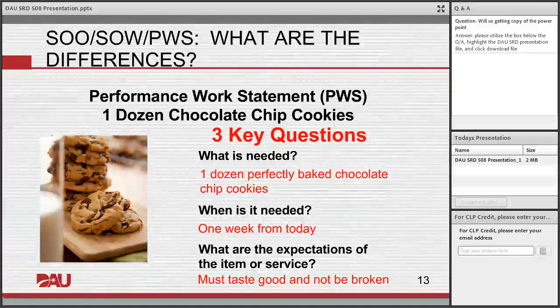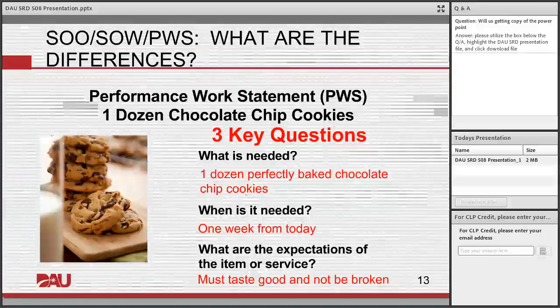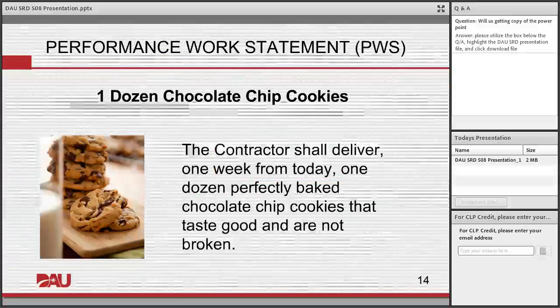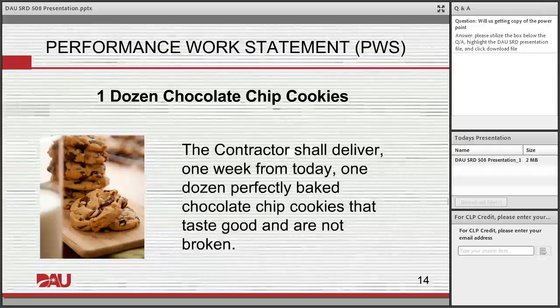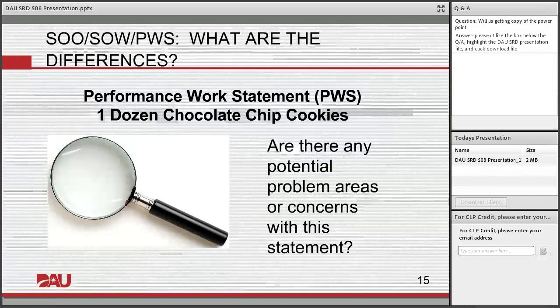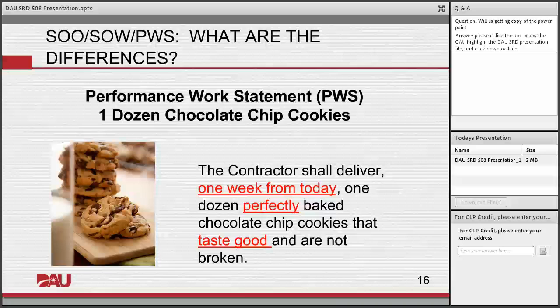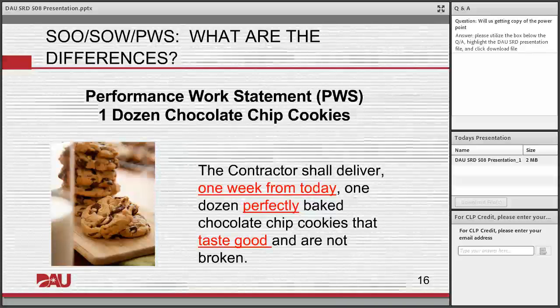So with that PWS, we've identified what our requirement is, but it's still not as clear as it can be. So the PWS reads, the contractor shall deliver 1 week from today 1 dozen perfectly baked chocolate chip cookies that taste good and are not broken. So taking a closer look, do you see any potential problems?